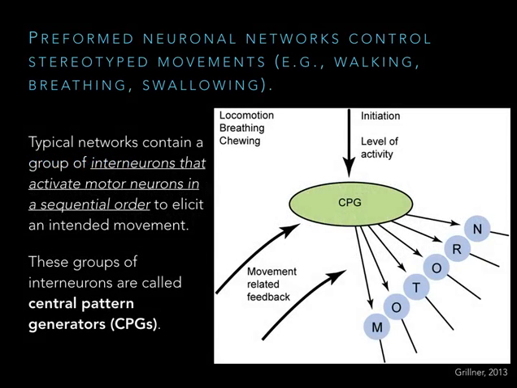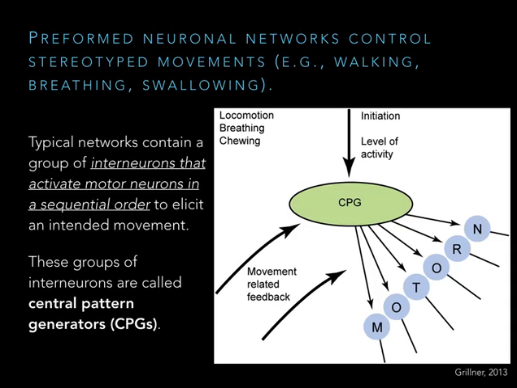So those central pattern generators are just a collection of interneurons that will create a given pattern of motor activity based on the input that they're receiving from sensory neurons, or the input they're receiving from the higher areas of the central nervous system in the brain.